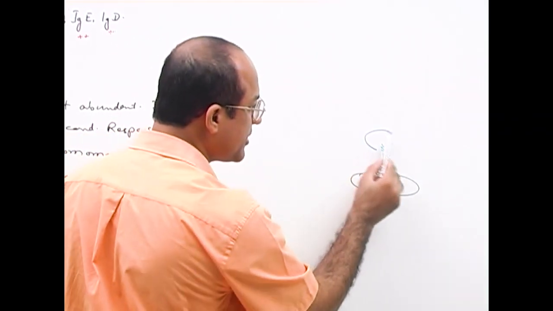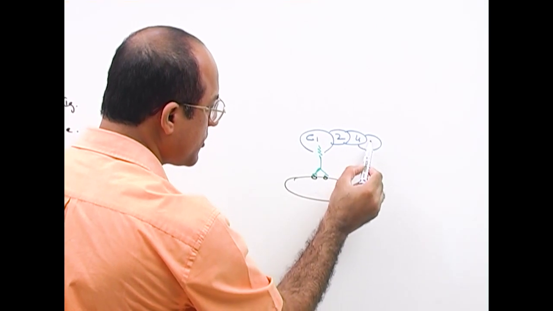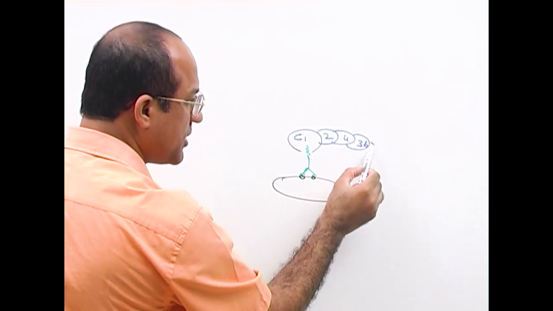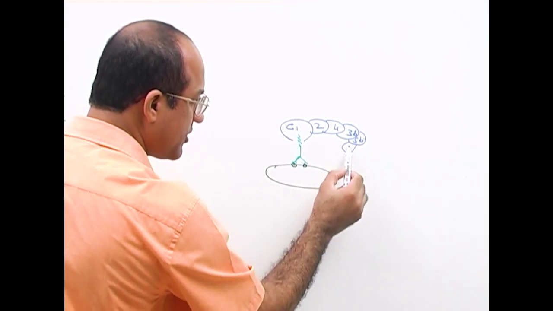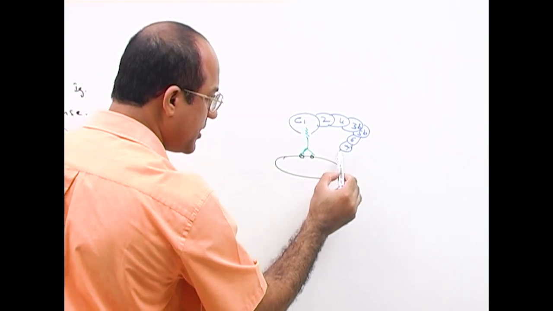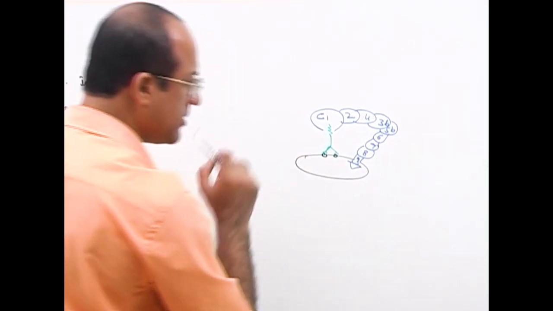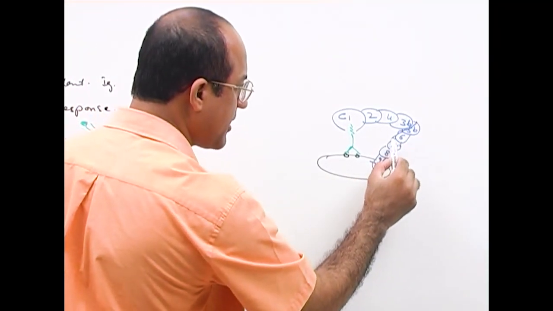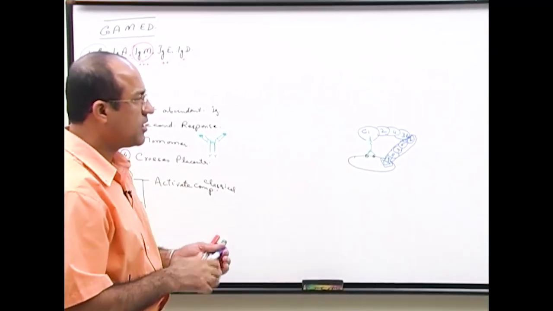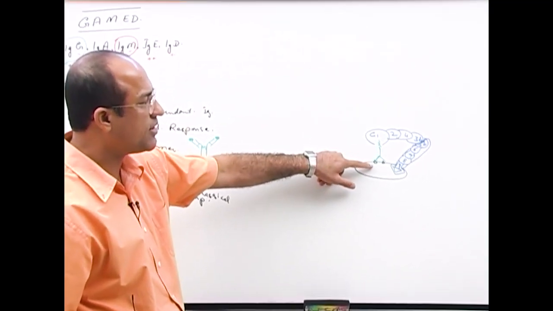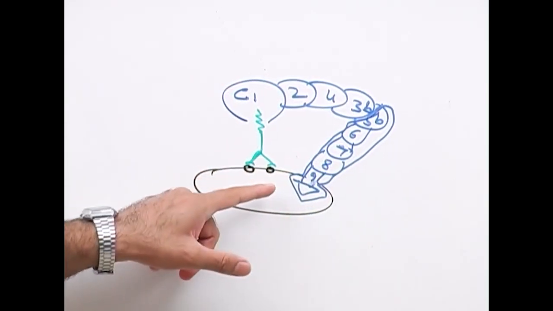So IgG can activate complement: C1, 2, 4, 3, C3a will go away, C3b will be there, then C5b, C5a will go away, and then C6, 7, 8 and 9. This is the membrane attack complex. So basically, once the IgG antibody binds with the antigens, its Fc portion is activated, which can activate the complement by the classical pathway and kill the microbe.